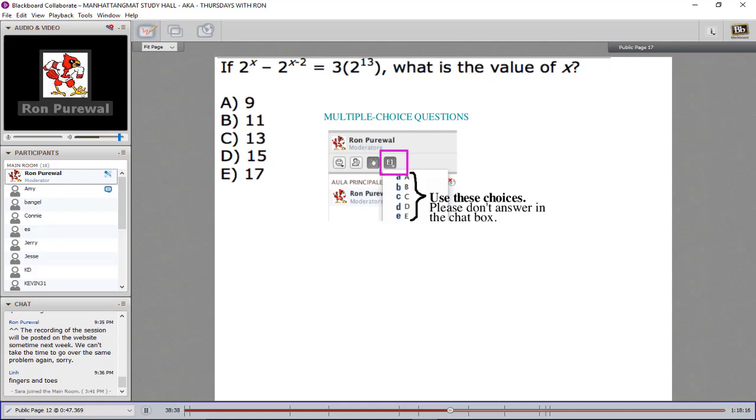Okay, let's talk about it. If you don't have an answer, please pick one. So a couple of people who don't have answers, please pick one from this multiple choice menu, please.